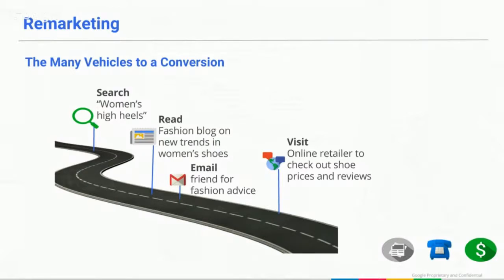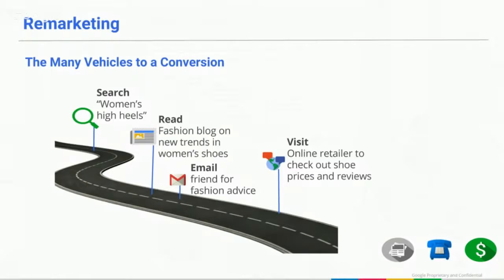They can go online and do a search for women's shoes. They can read about the newest trends in fashion on a fashion blog, and that might inspire them to start thinking about buying a new pair of shoes. A friend could email them a similar article or a brand of shoe that they saw online, and that might then inspire someone to visit an online store to peruse the options that are available, the sizes and the colors.